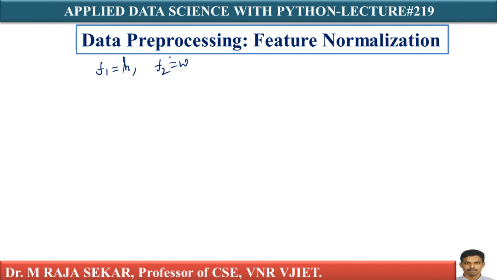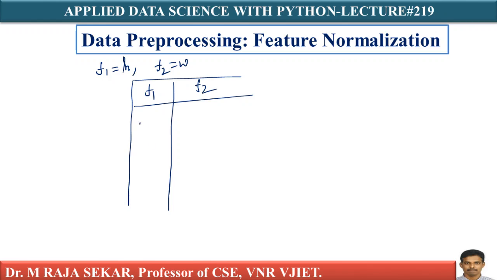In which scale am I collecting my heights? Let me make a table. For feature 1, 162 centimeters; feature 2, that is weight, is 52 kgs.